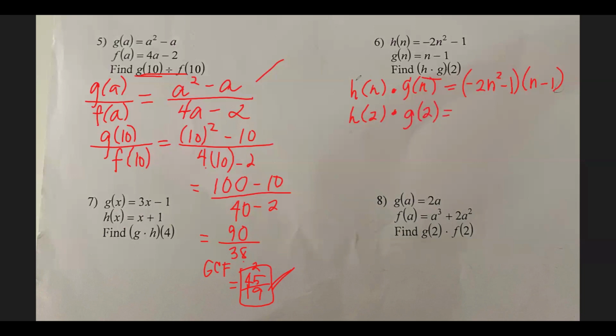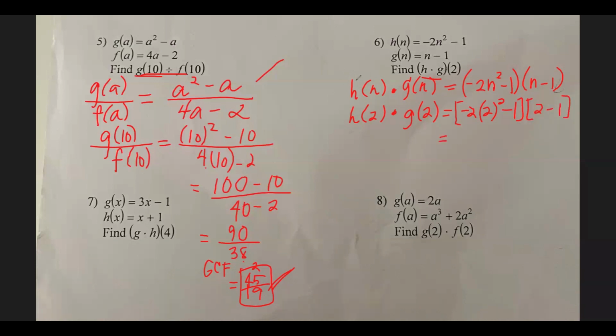Okay, so let's substitute or replace your value of n if your n is 2. So let's write here negative 2, then times 2 squared minus 1. So I will use the bracket. Then times 2 minus 1.